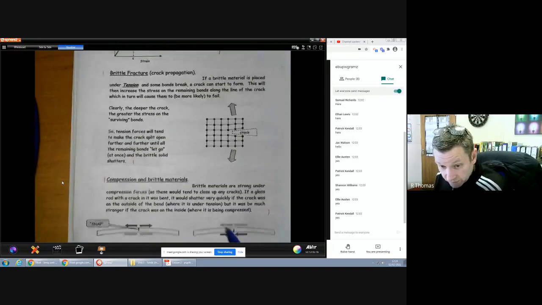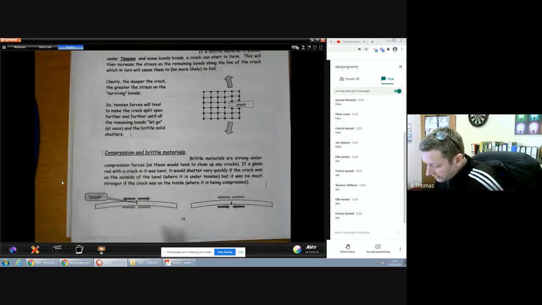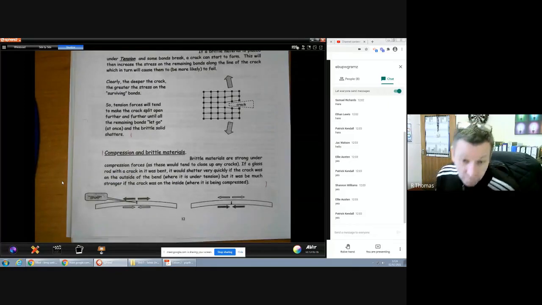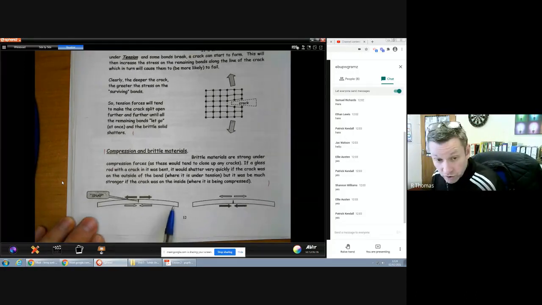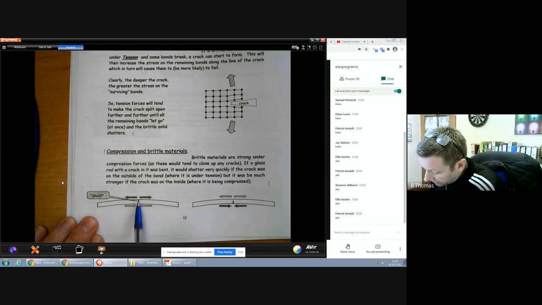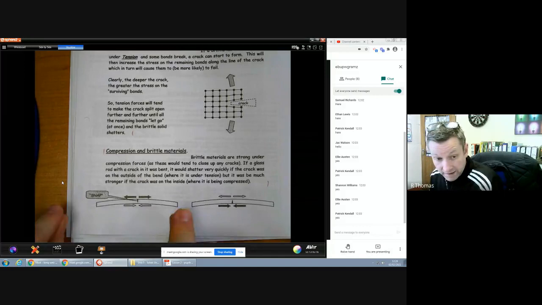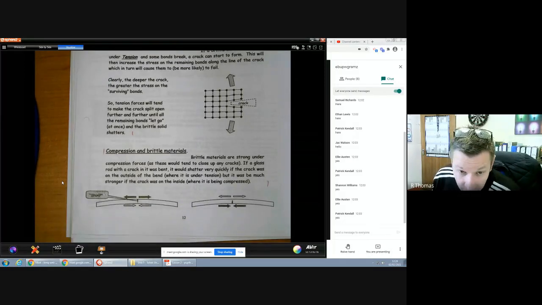Now, what's interesting with brittle materials is compression, which is obviously the opposite to extension. So let's think of a glass rod here. If there was a slight crack in it here, right, a slight molecular defect here, and I bent it that way, it would just immediately break.